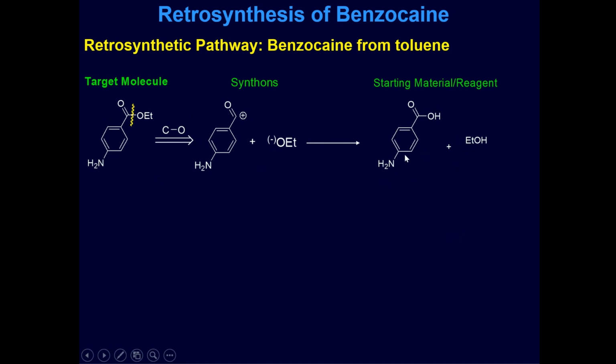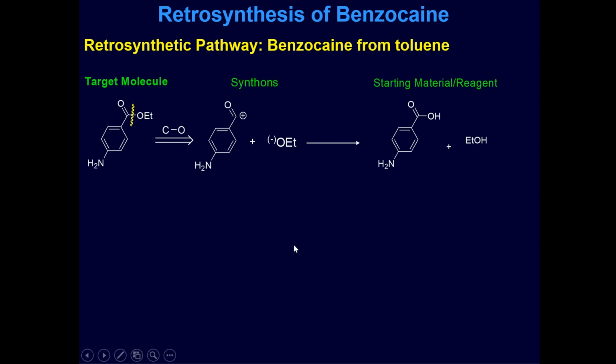This is the logical breaking to get the starting material and the reagent. Para-amino benzoic acid is not easily available. That's why I have to synthesize this para-amino benzoic acid. Here, if I break the carbon over here, I'll get CO2 and the aniline group. But carbon dioxide is a weak electrophile. It cannot react with this aniline so easily. As I cannot add the COOH functional group directly, I have to go for functional group interconversion.